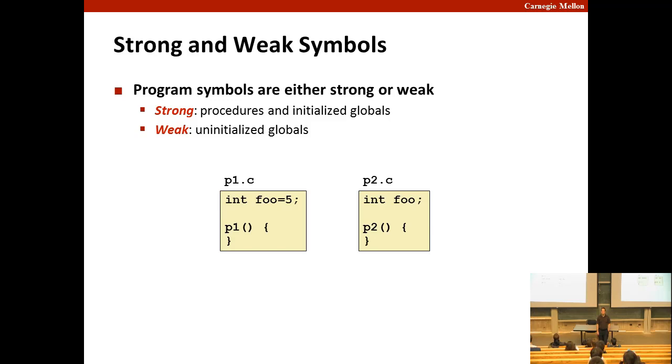Why? I hear whispers. Yes, ma'am. Yeah, that's right. When we're talking about functions commonly, the function has a definition. It's a symbol and the address where the code is. Yeah? What are prototype functions?